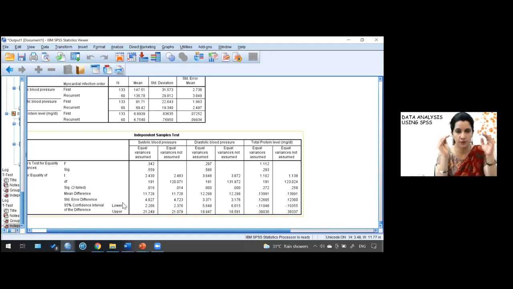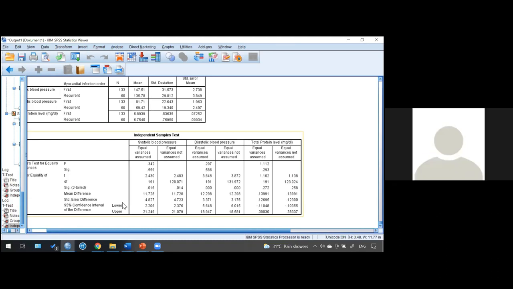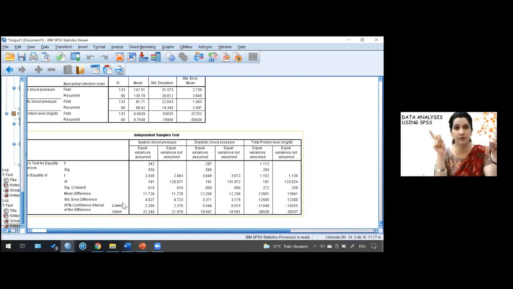Just to remain focused, remember that generally we want our p-value to be less than 0.05, but in case of Levene's test of variance and Shapiro-Wilk, we want our p-value to be more than 0.05, right? And it is just because of the assumption of the null hypothesis. The null hypothesis is different in both these cases. That's why the desirable p-value is different for both these cases. Okay, Nilima?